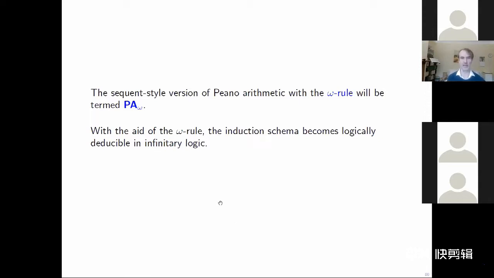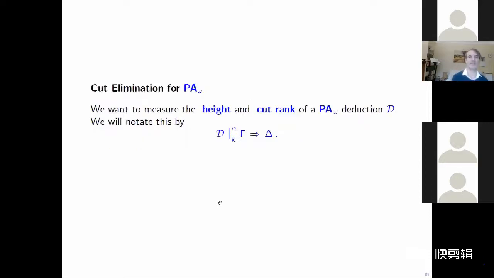And so now we allow this infinite rule, and this also means that derivations or deductions will be infinite in this infinite system. And then we'll try to do cut elimination for the infinite system. And for doing cut elimination, one needs to keep a record of the length of the derivation, and also a record of the cuts that appear in a derivation.